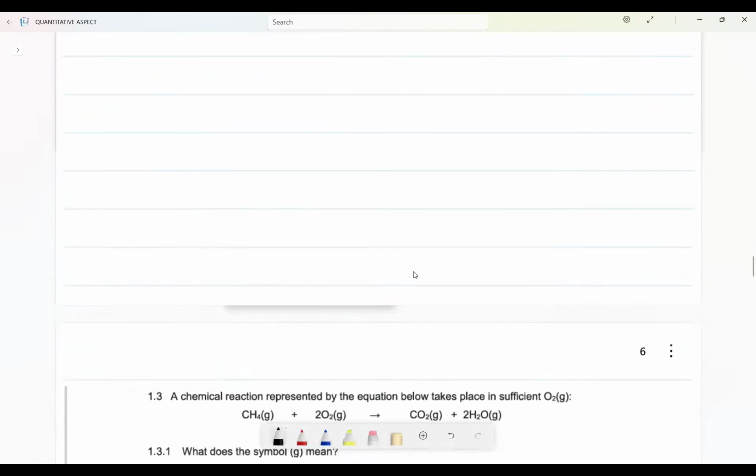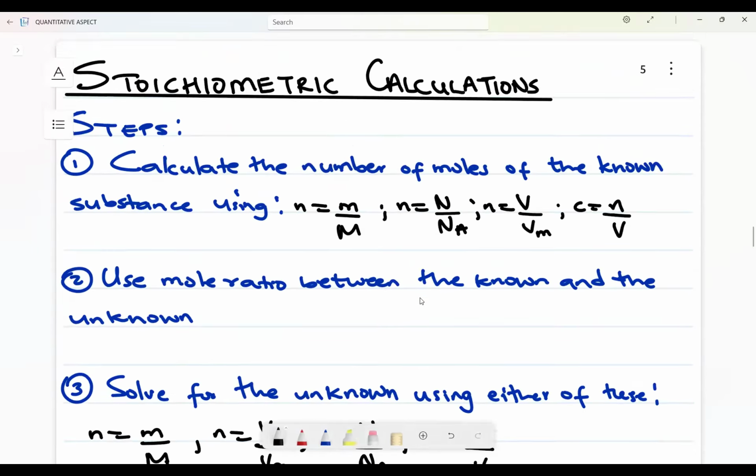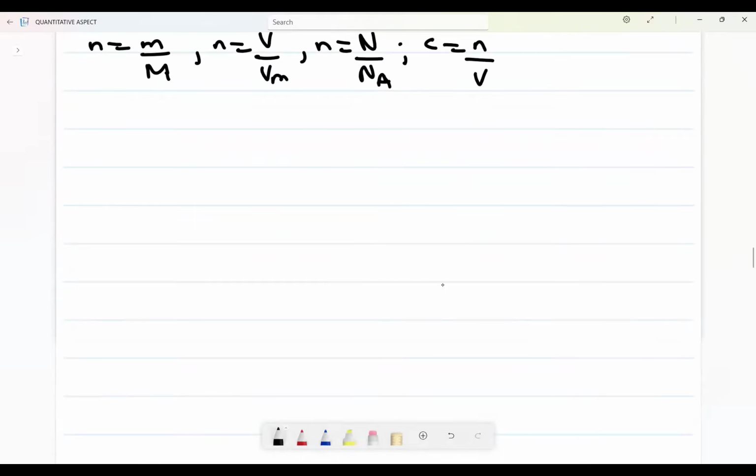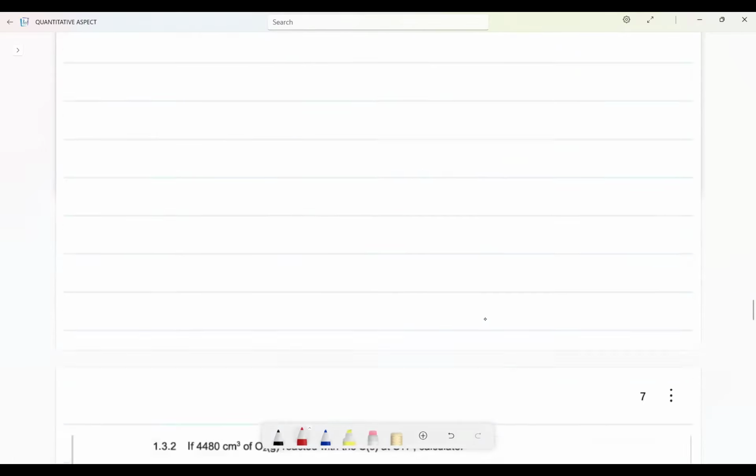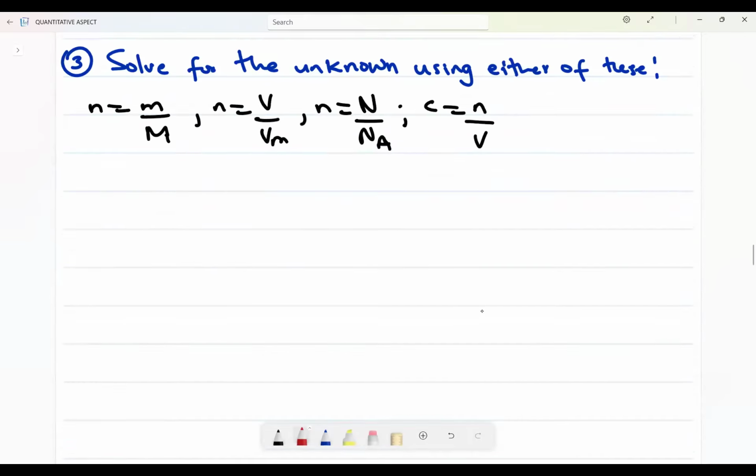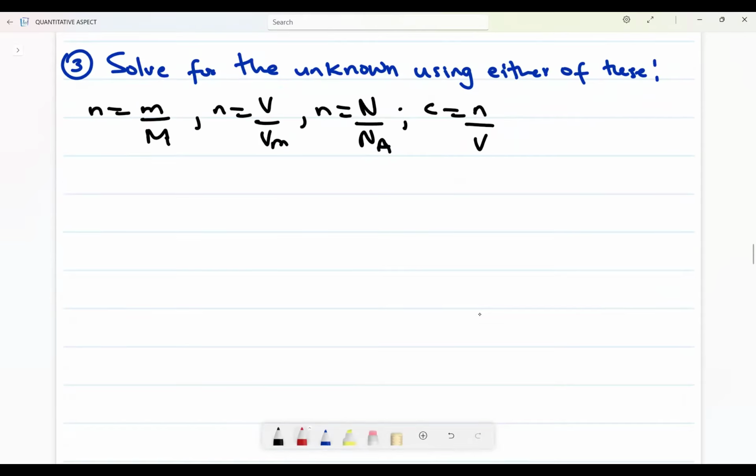Let me make an example before we go to actual examples. Let me see if I won't take one of the questions here. Let me say magnesium reacts with, okay, let me say magnesium.